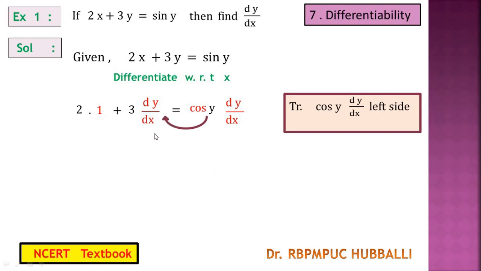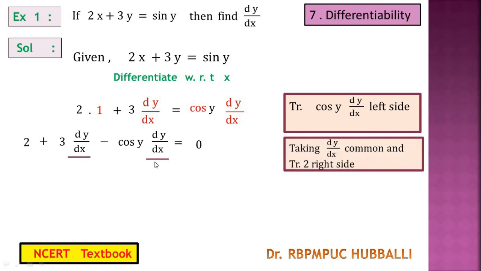When you shift to the left side, it becomes a minus sign. So therefore the equation is written as 2 into 1 is 2 plus 3 into dy by dx as it is, and this becomes minus cos y dy by dx and is equal to 0. Okay, now in this equation we have two terms, dy by dx and dy by dx. Take the common.